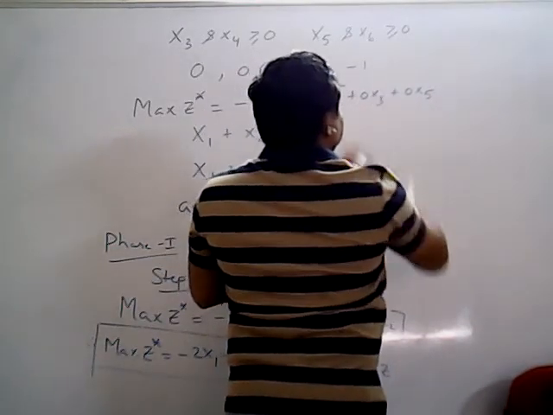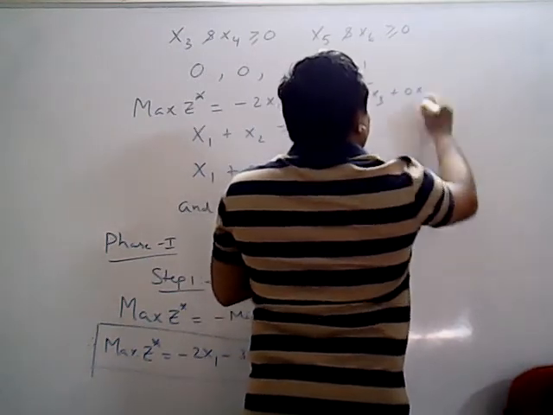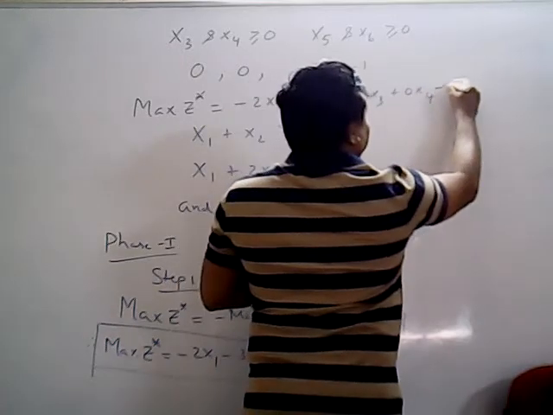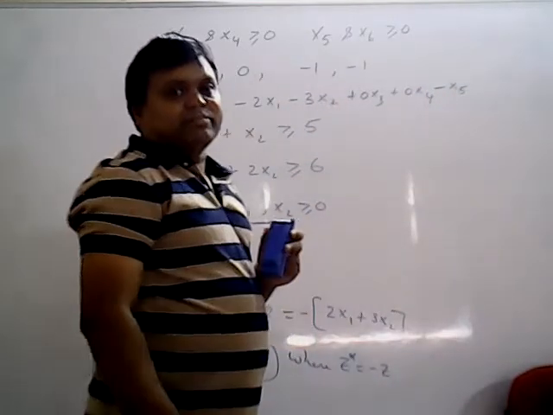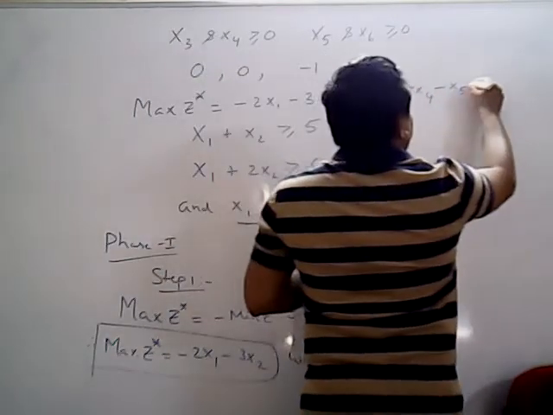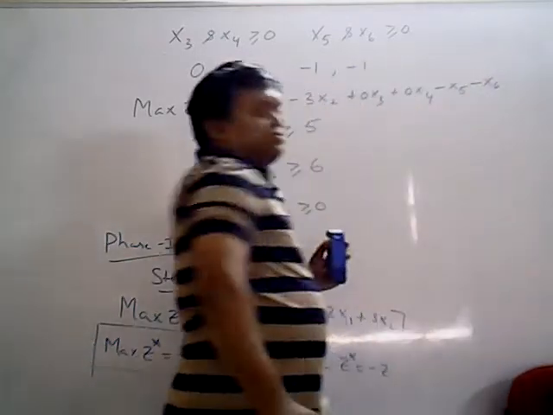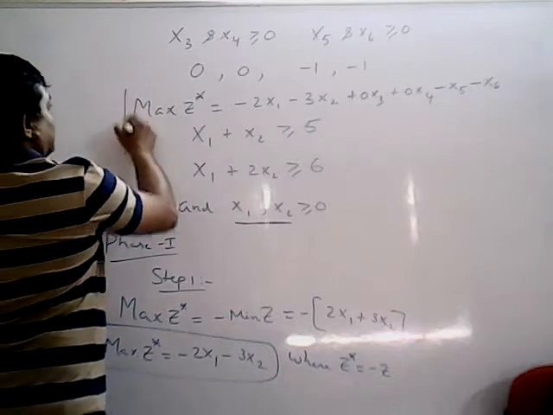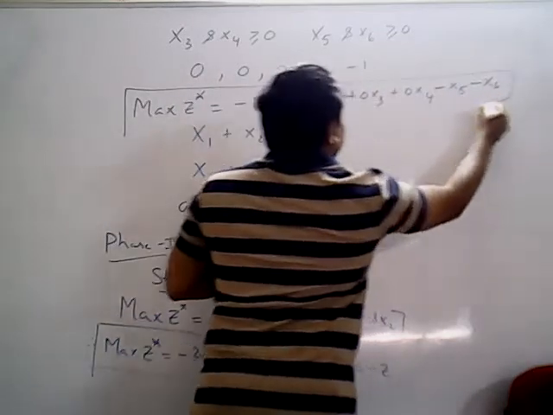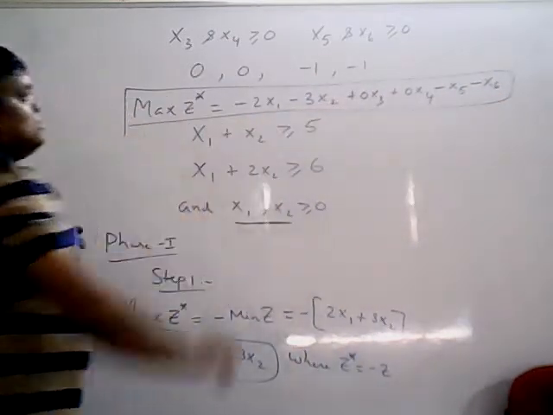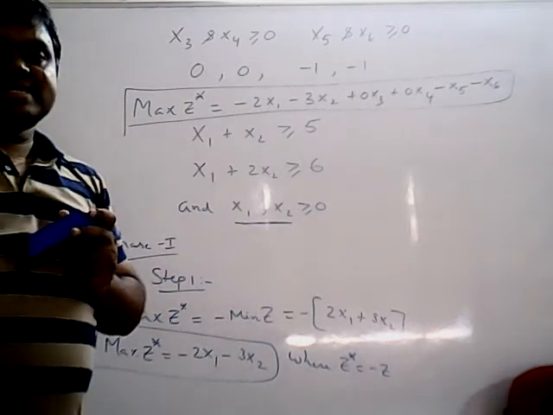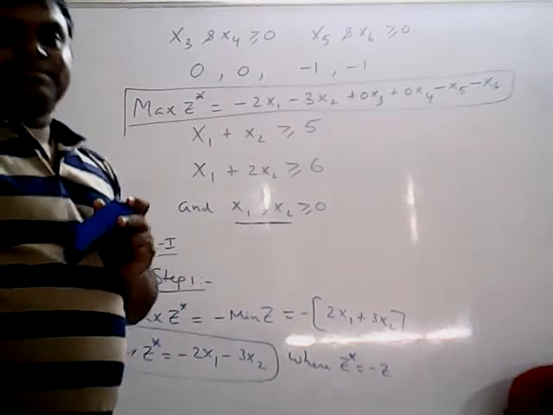Surplus variables x3, x4. Next, artificial variable cost is -1, which means minus x5 minus x6. So maximum z star equals -2x1 minus 3x2 plus 0x3 plus 0x4 minus x5 minus x6.